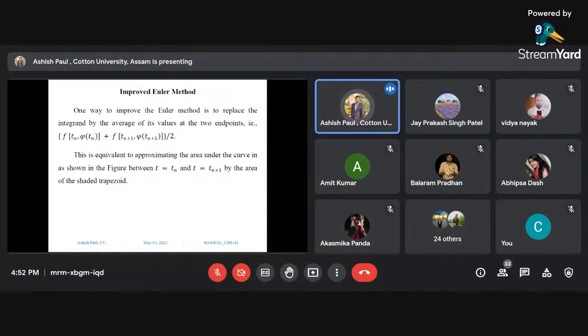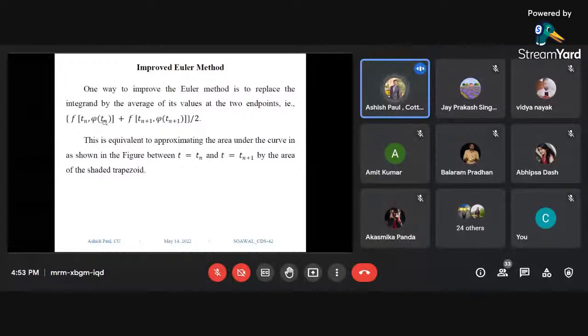Now, the improved Euler method. Since we have seen by Euler method that the error is high, you can understand this approximated yn, the value of phi at tn, and f at tn plus 1, that is the next point.